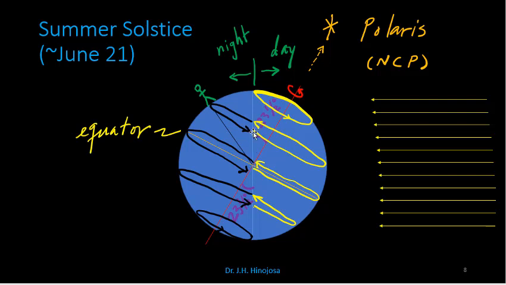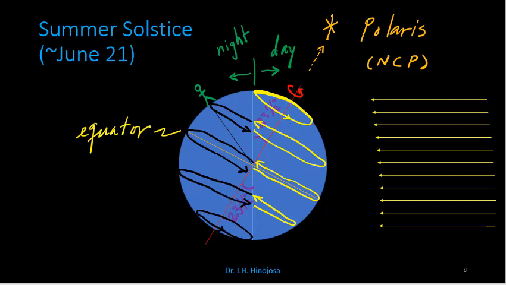But in the northern hemisphere, this is the longest day of the year, and so we can see that there's a large arc here of daylight and a small arc here of darkness. So it is on June 21st we have summer in the northern hemisphere, but we have winter in the southern hemisphere.